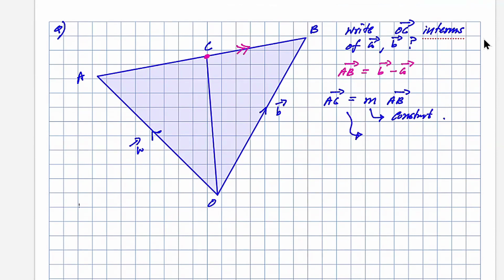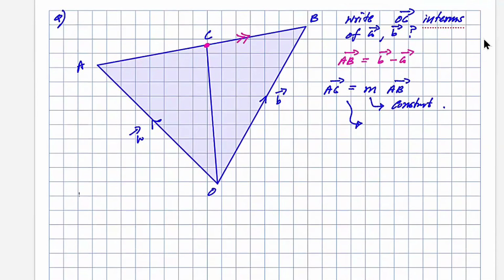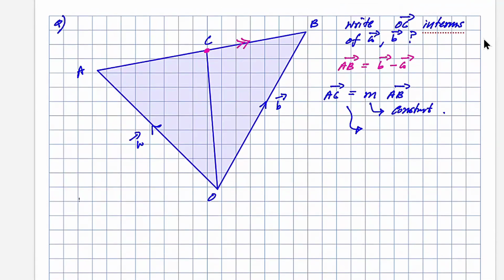So this relation tells you that A, B, C are collinear. Collinear means what? On the same line.